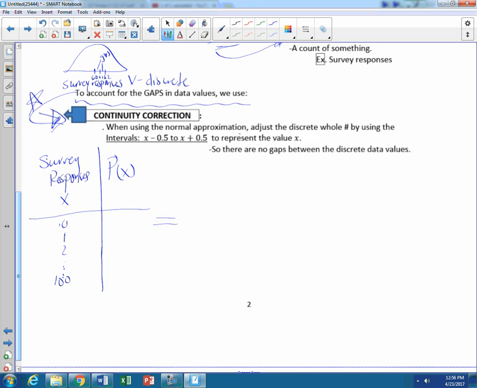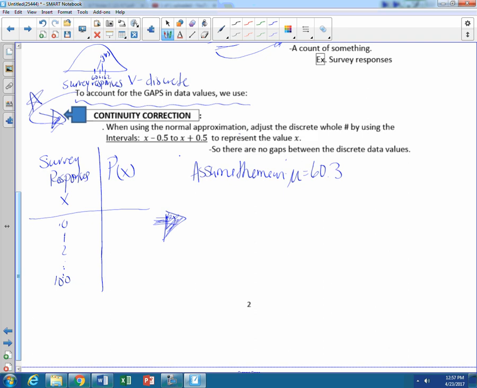So in other words, we don't use binomial. Instead, we want to use the normal approximation. So let's assume for this example, we're just making up an example here.